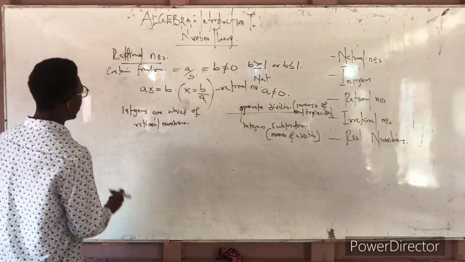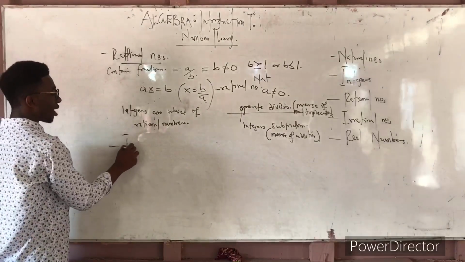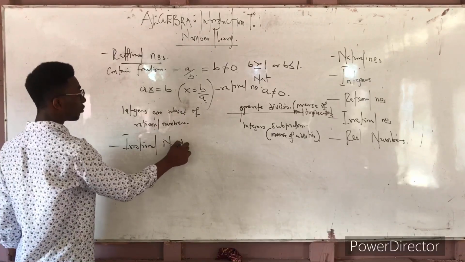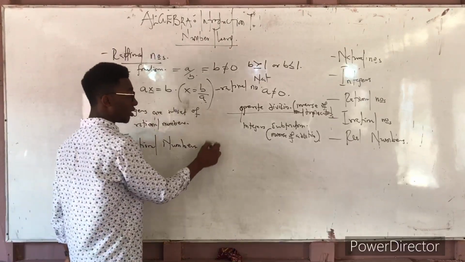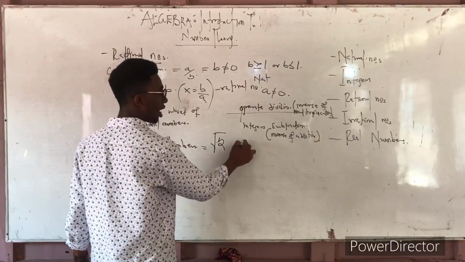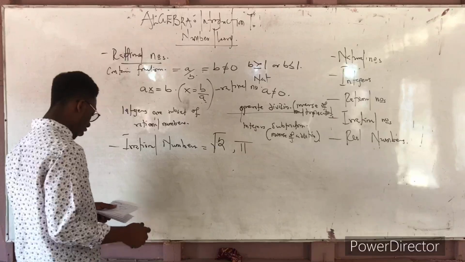Okay. Now let's look at the irrational numbers. Examples of irrational numbers are root of 2, root of 5, and pi. They are all irrational numbers.